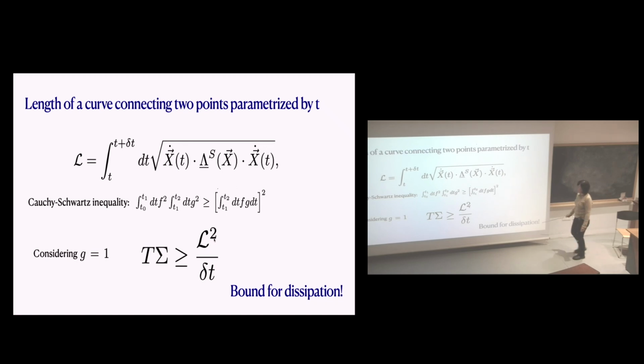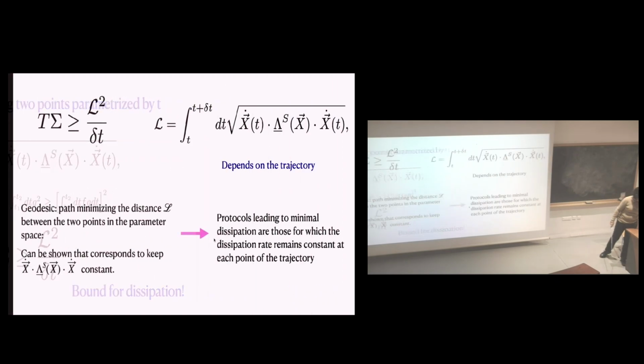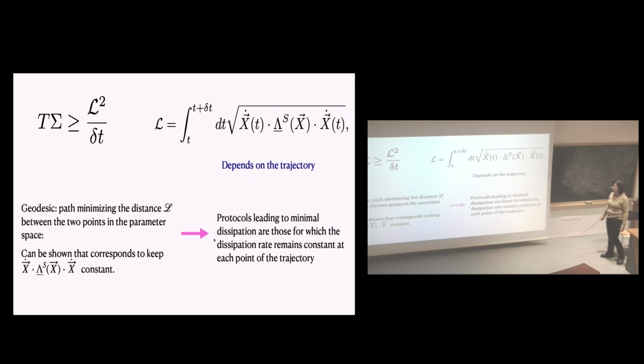So we see that on this side of the inequality we have the dissipation, and that this is bigger or equal than this quantity that can be related to geometrical concepts. And this is precisely what is useful to find protocols minimizing dissipation.